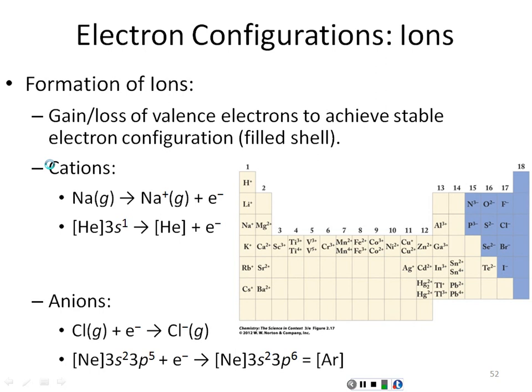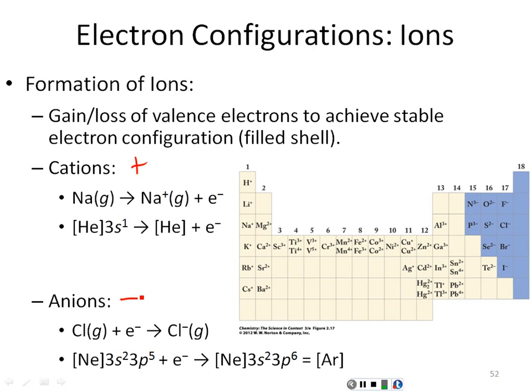There are two types of ions. When an atom has lost an electron, it becomes a cation. And a cation has a positive charge, because it lost an electron, which has a negative charge, so it becomes positive. The second type is called an anion, and an anion is negatively charged because it gains an electron. It has an extra electron, so it becomes negative.